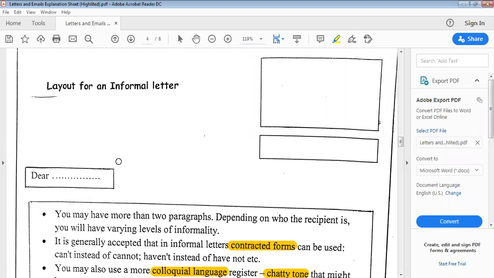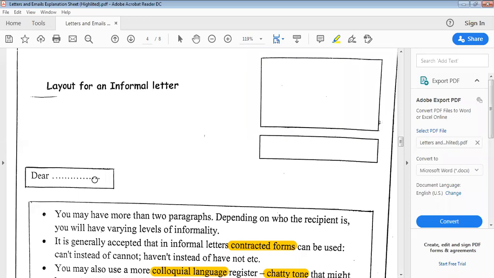So of course, I'm going to use the first name. It can be, for example, dear mom, okay? It can be dear Sally, dear John, dear Jack, or it can be a nickname, okay? Because you're writing to your friend, for example, okay?